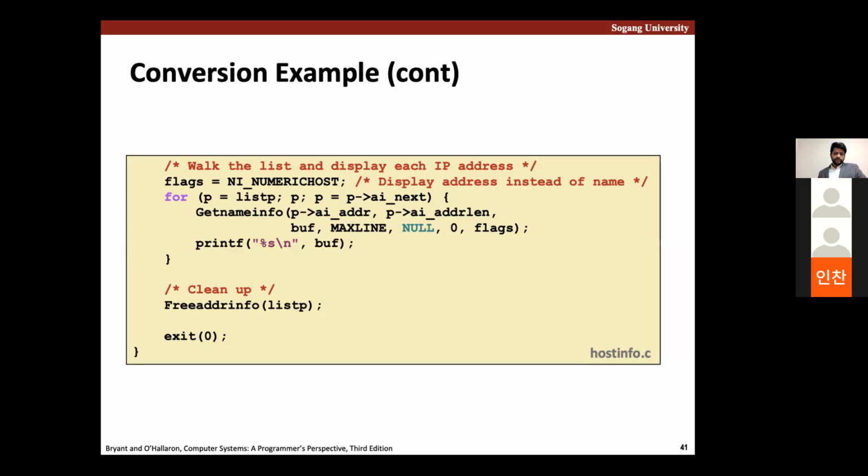Although for this simple program it is not strictly necessary to call freeaddrinfo, in more complex programs it's a very good practice. It will free up all the linked list addresses that have been retrieved using getaddrinfo.